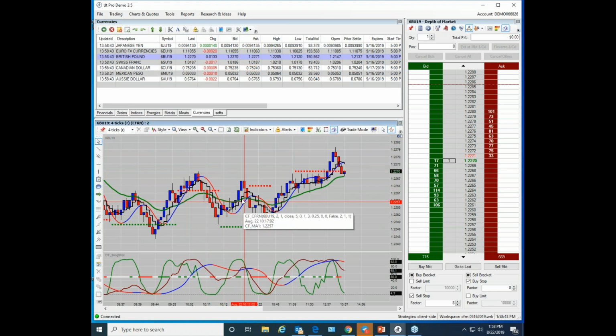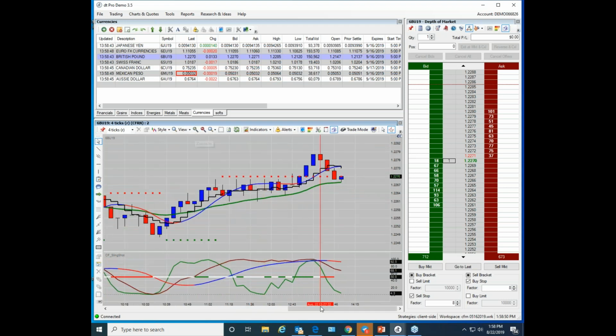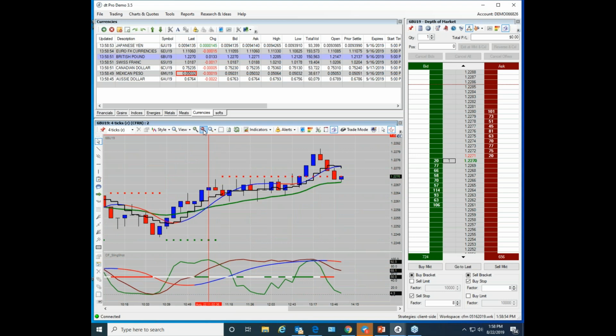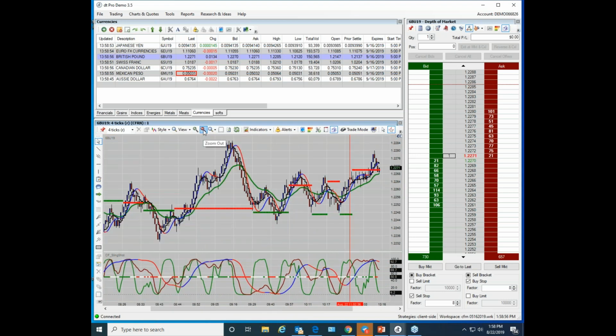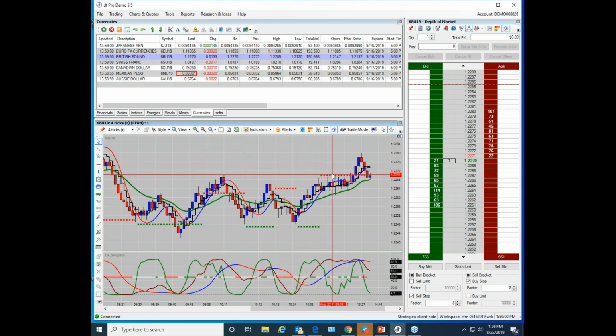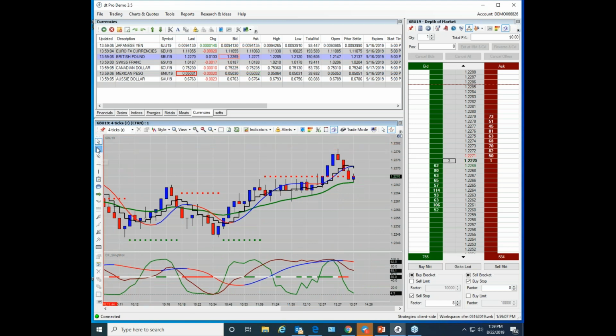British pound, same picture. We were chopping around here. You didn't see that like this. You see it zoomed out. We are making higher highs, and we did break dynamic resistance here, right? So to me, that's trending.